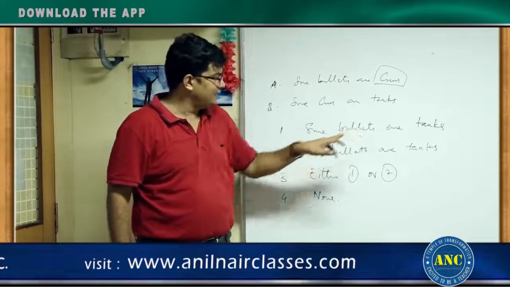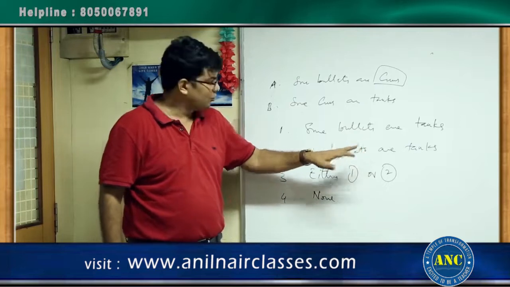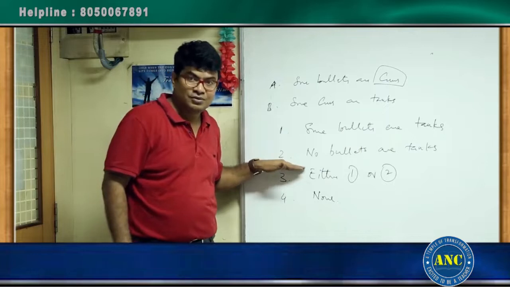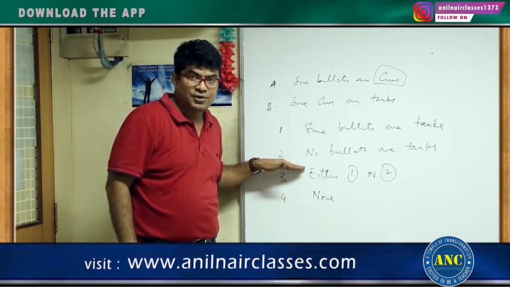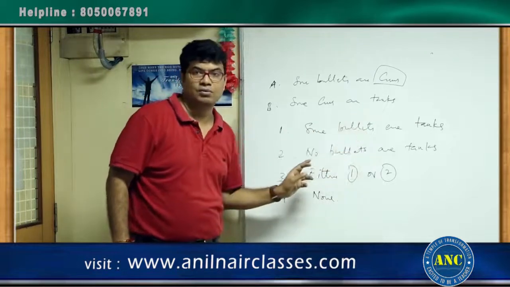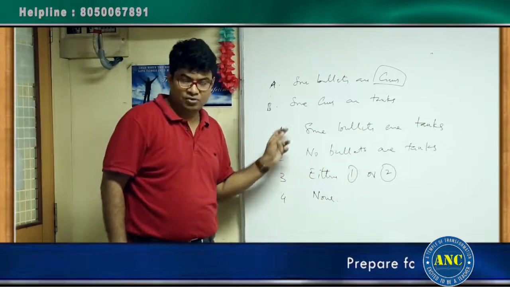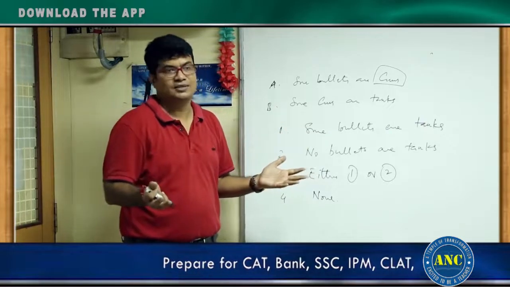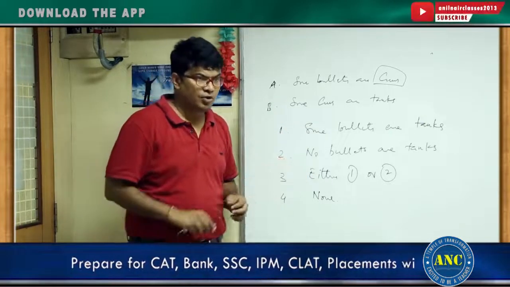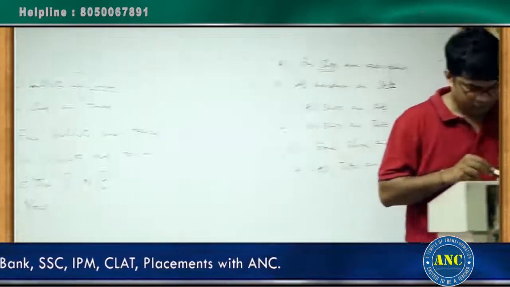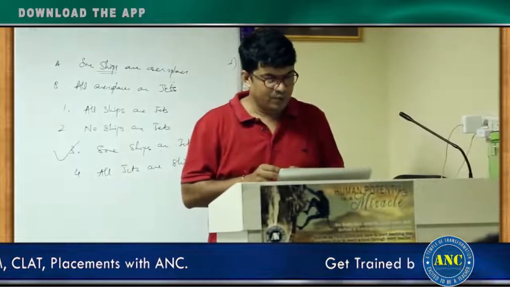If some bullets are tanks and no bullets are tanks, it will ensure that either this or that will be true. Is it giving total knowledge about everything? No. Together, are they talking exhaustively about bullets? Not necessary is what I'm trying to answer. Are you okay? So we're done with this.